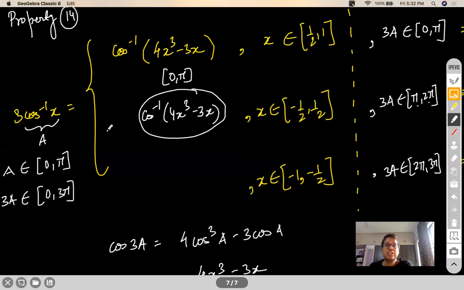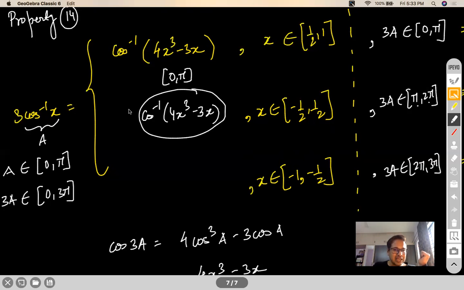What manipulation will you do here such that your answer ends up in pi to 2 pi, and whatever you do, it should be such that you lie in the first quadrant or the fourth quadrant? What will you do? Add a pi. See, let me restate what I want to say.